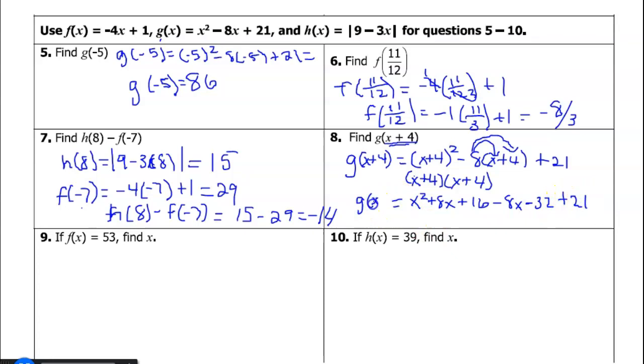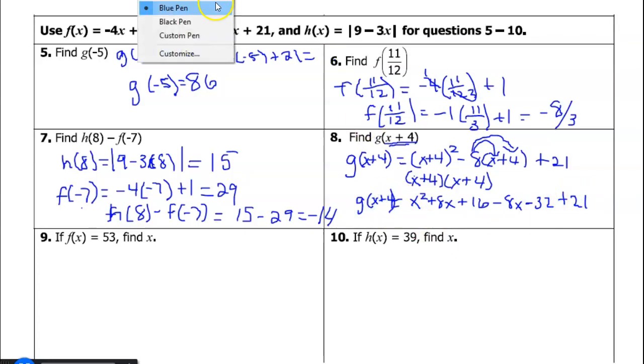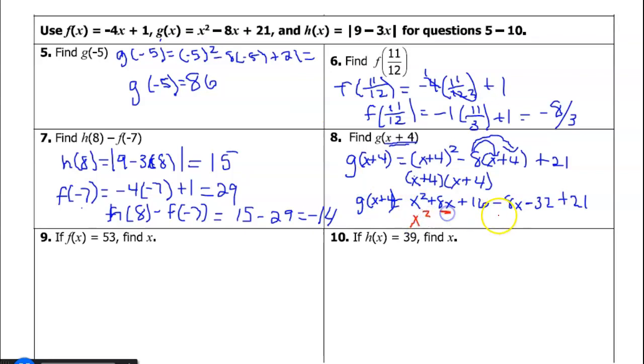Okay, let's simplify it all. I'm going to change the color here so we don't see so much blue. Let's go for red. All right, I'm going to go ahead and combine the like terms. I only see one x squared. Then I got an 8x here and a -8x here, so those cancel. And then I have a 16 and a -32.